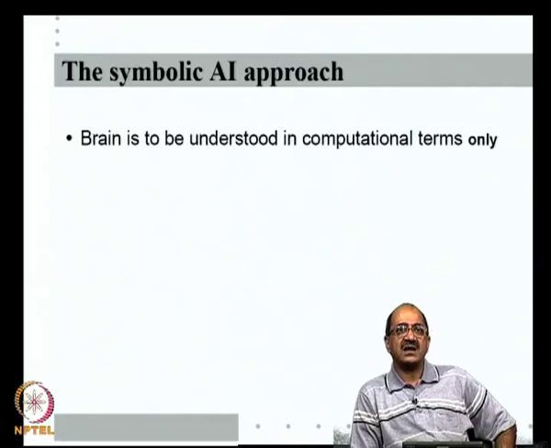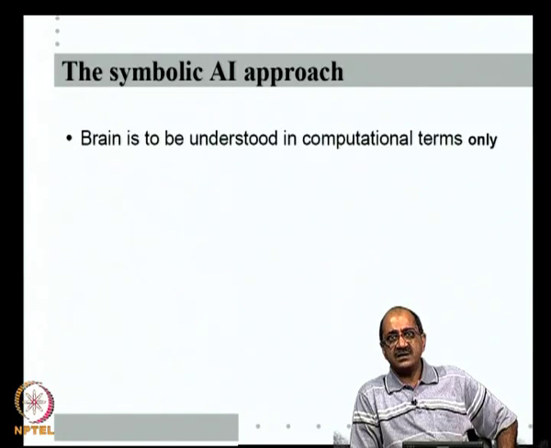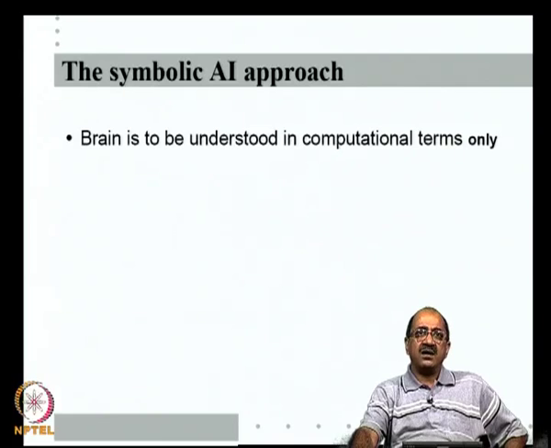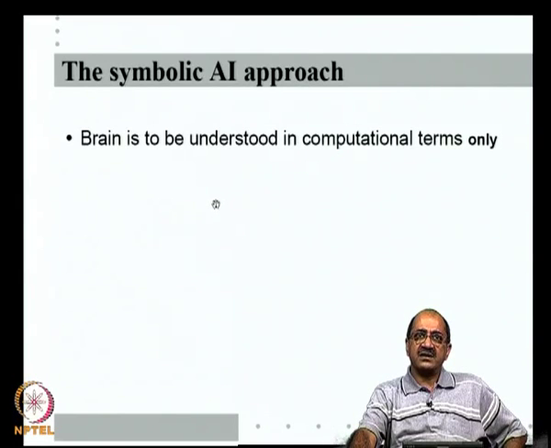I may not fully understand what kind of computation it is, but nonetheless I can think of it as just a computation, and any computation can be done on a Turing machine. So, essentially any machine that is capable of carrying out abstract computation is capable of exhibiting intelligent behavior. That is the basic idea of the symbolic AI approach.